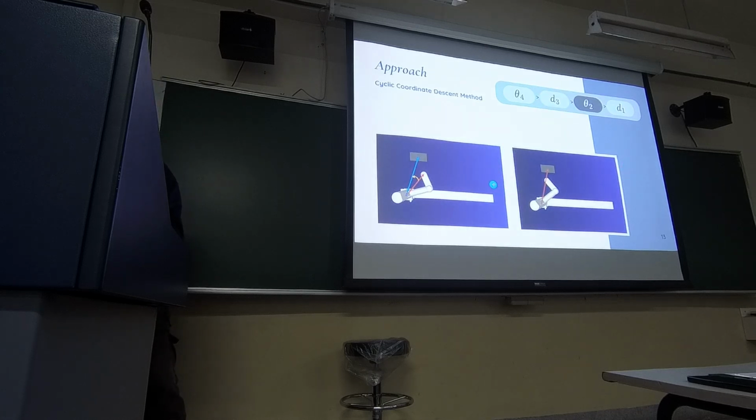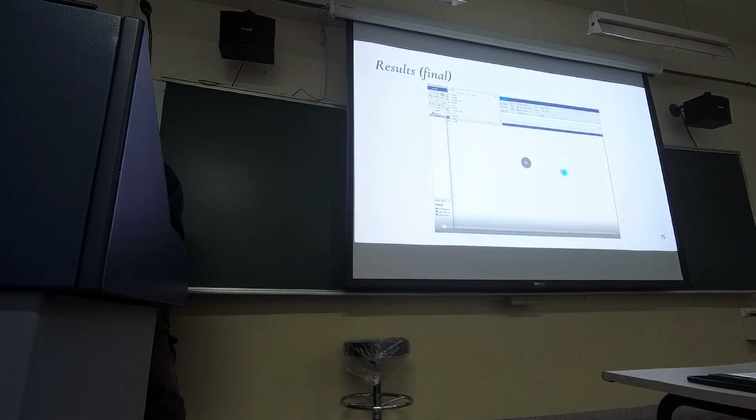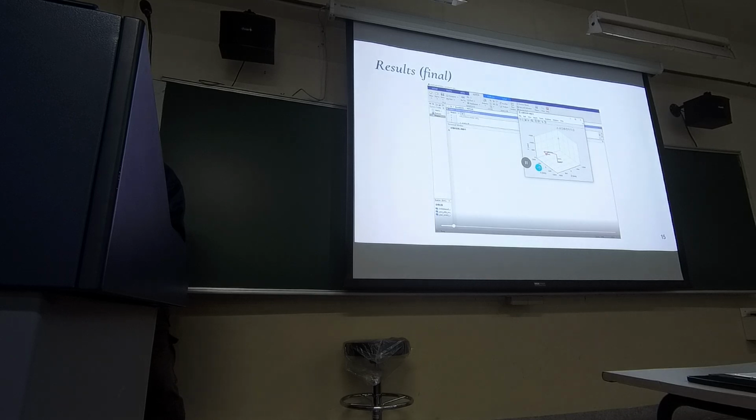And the adjustment of theta 2 is the same as theta 4. The adjustment of D1 is the same as D3. This is how we use the method to simulate and find the target angle parameters.